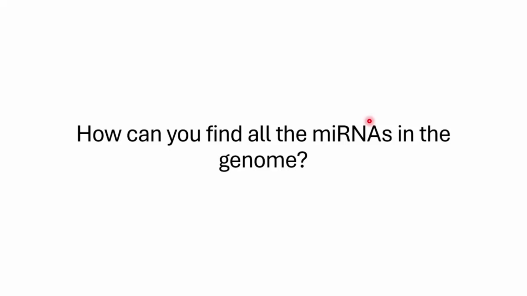Now the thing is, all RNA molecules can have complementarity. Even if you're making a primer for some sort of homework, you can have complementarity, okay? And so how then do you know if it's a microRNA or a messed up primer?